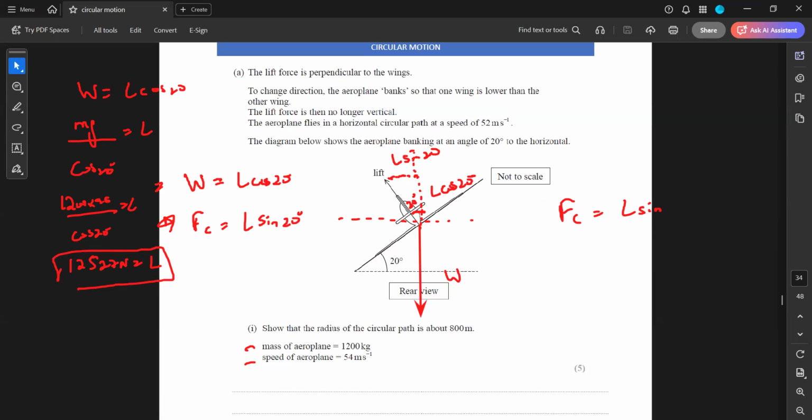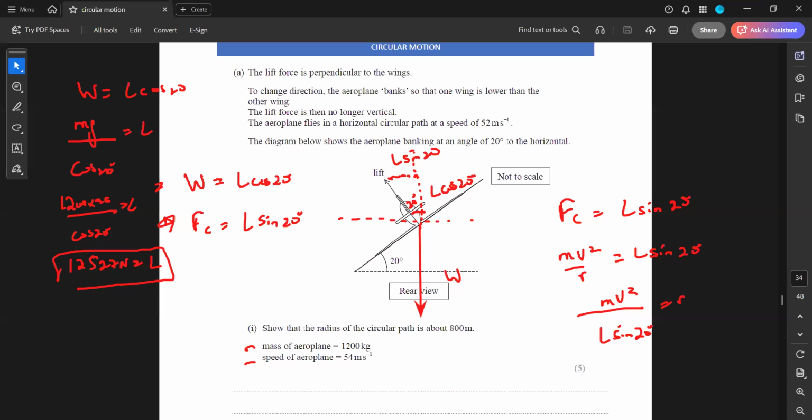Now we have the value for L, so we can use it here. The centripetal force is mv squared over r, equal to L sine 20. If I need r, it will be r equals mv squared over L sine 20.